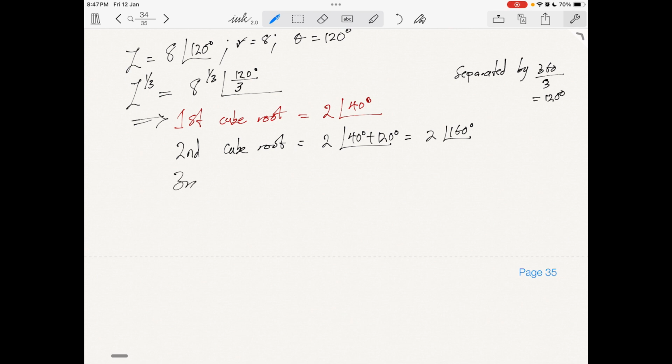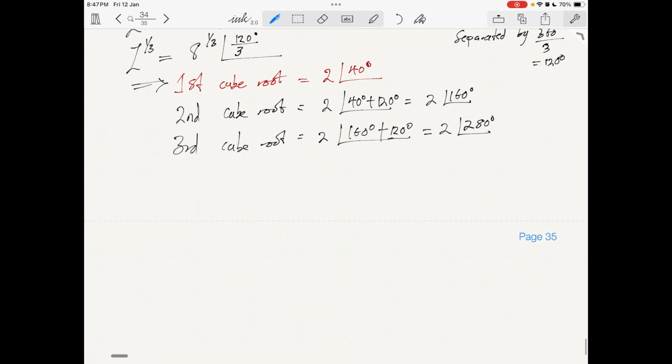So the third cube root is equal to 2 argument 160 degrees plus 120 degrees, and this is equivalent to 2 argument 280 degrees.